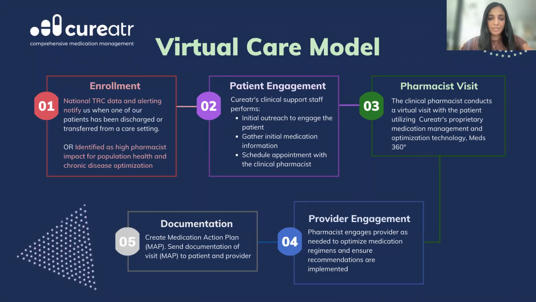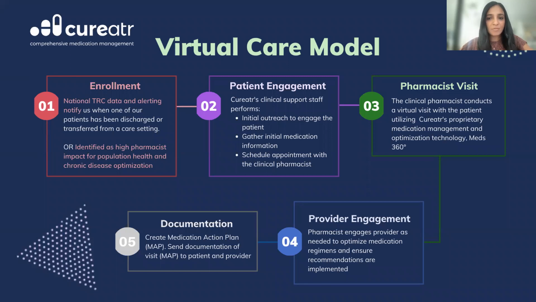So now I'm going to walk you through the virtual care model and the different steps that are involved in this process. The National TRC, or Transitions of Care Data and Alerting, notifies us when one of our patients has been discharged or transferred from a care setting. Additionally, a patient can also be identified as a high pharmacist impact patient for population health and chronic disease optimization reasons.